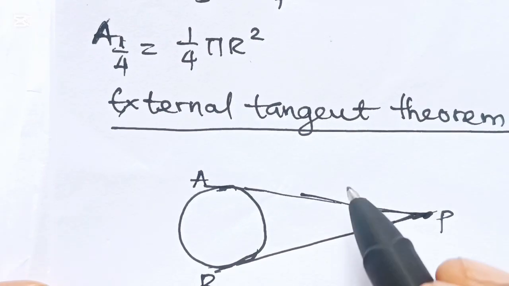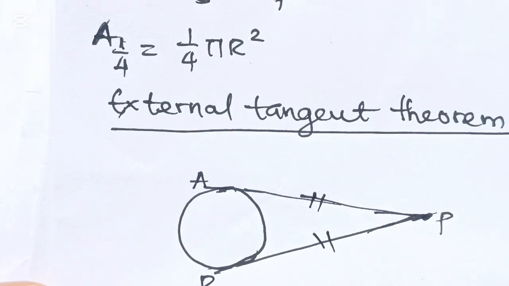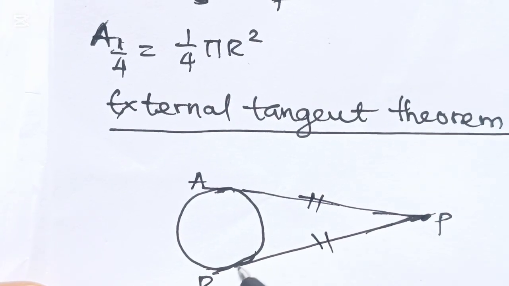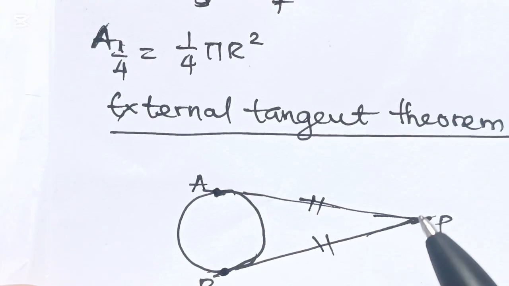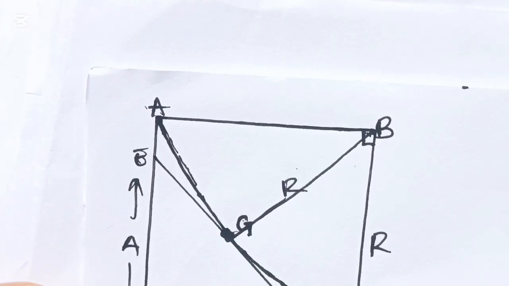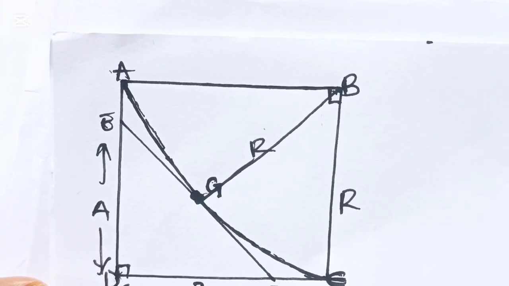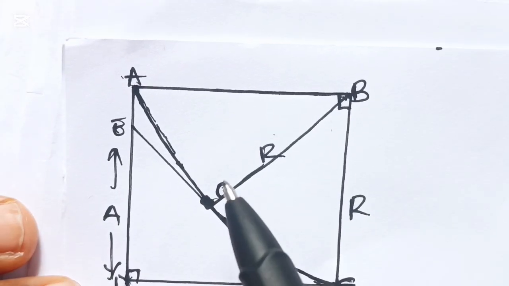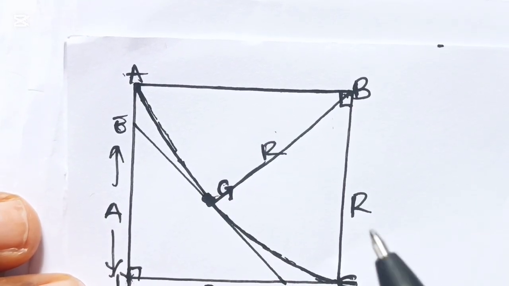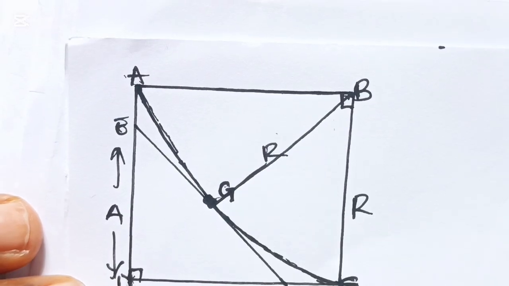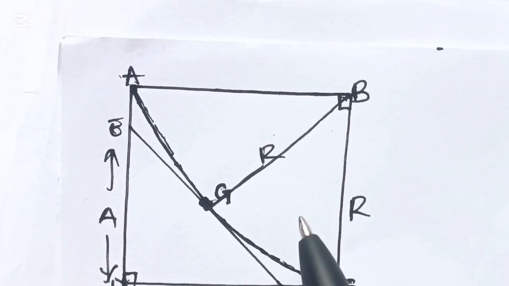Then according to this theorem, AP is equal to BP, that is their length from their point of contact is equal. Now if we look at this diagram, we have something like that here. Even though this is a hand sketch, so we may not get the exact length, just know that it's not drawn to scale.